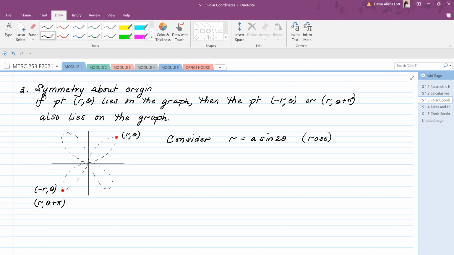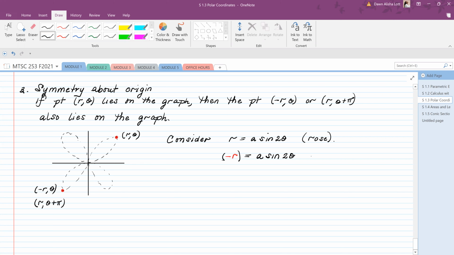So we start with r equals a sine 2 theta. So I'm going to put in minus r. So let's put in minus r. So I get negative r is equal to a sine of 2 theta.